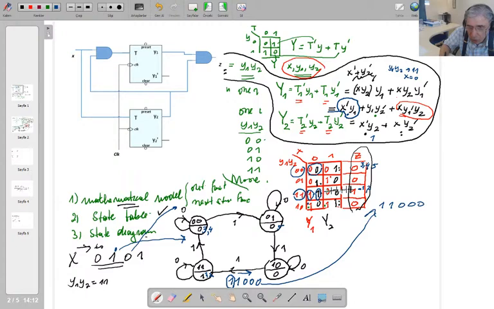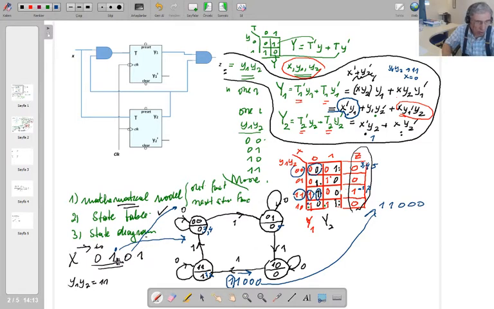So I found this output and I found the next state here. For the next input, I'm going to consider this 1 as the present state once again, because for the previous input, that means input 0, my next state is 1.